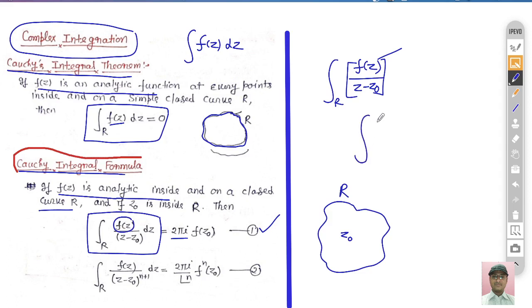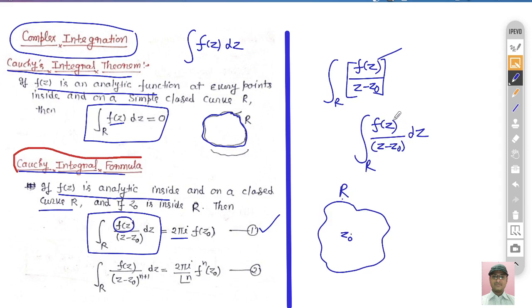Let's suppose this is the first case, where f(z) upon z minus z0 is given and it asks about the value of this integration. First, you check whether this z0 lies inside this region or not. If it lies inside, we can use this Cauchy integral formula.